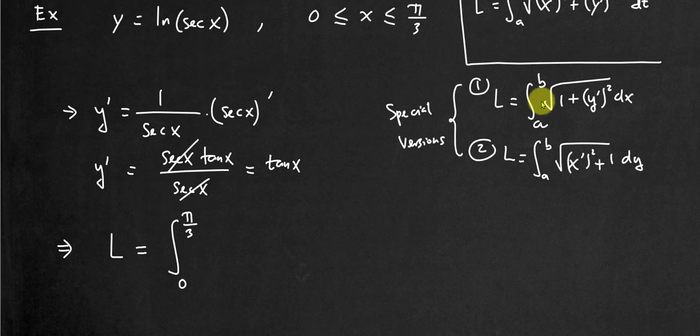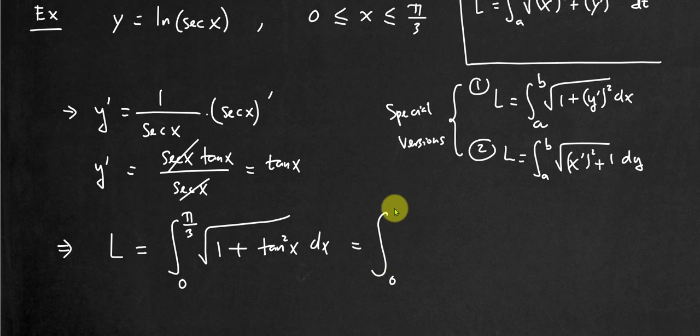And I have the square root of 1 plus y prime squared, which is 1 plus tangent squared of x, and then dx. Now I simplify this integral. I know that 1 plus tangent squared is secant squared, so I have secant squared inside the square root.